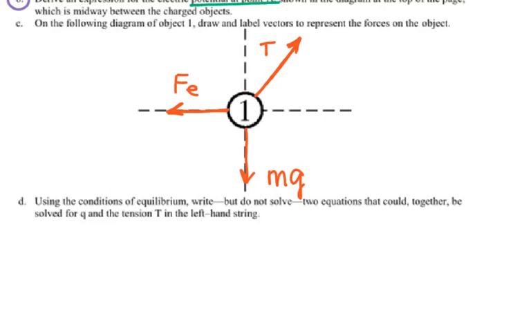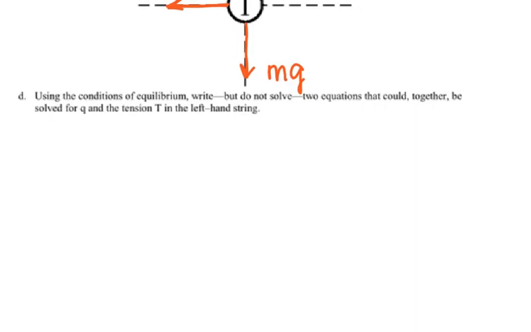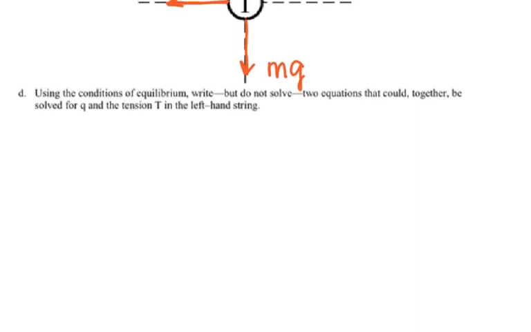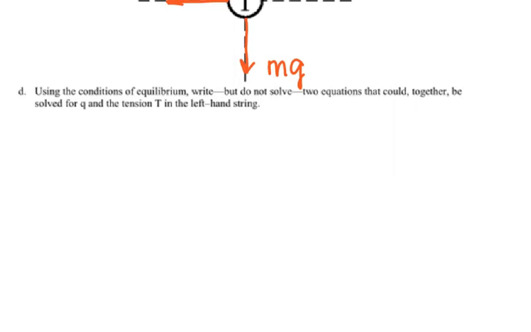So for D part, using the conditions in equilibrium, write but do not solve two equations that could together be solved for Q and the tension T in the left hand string.